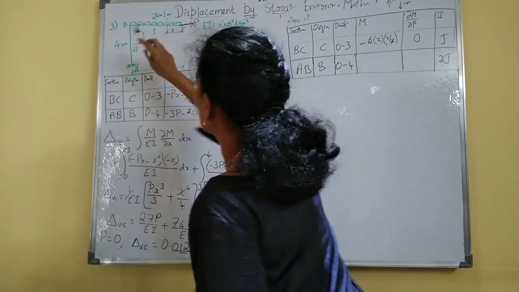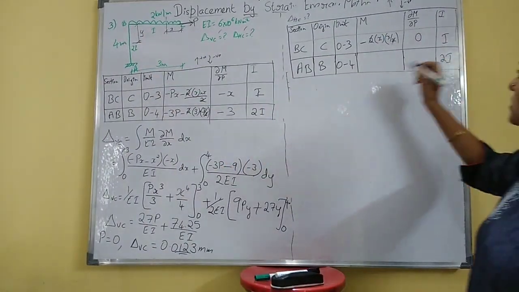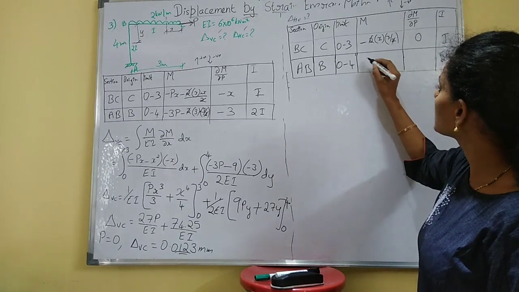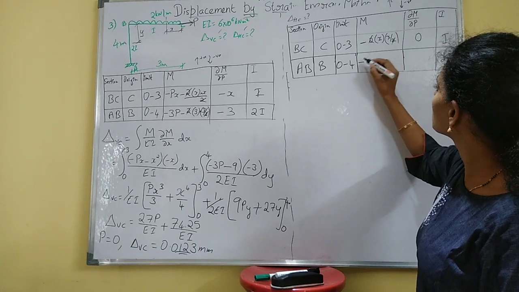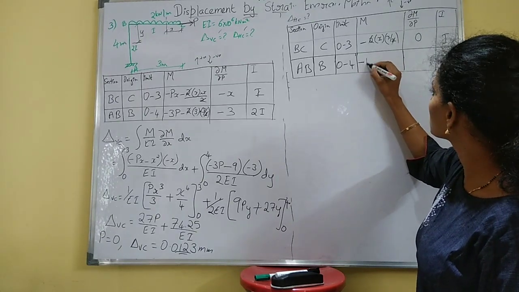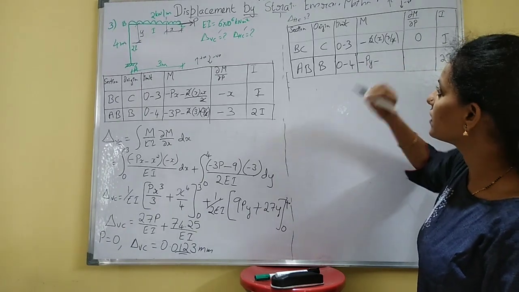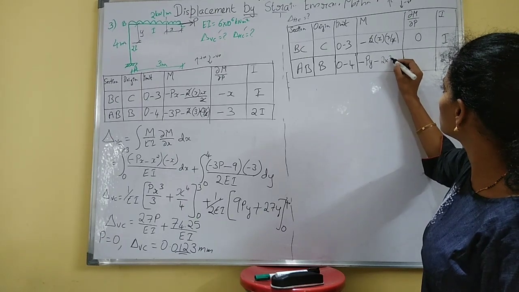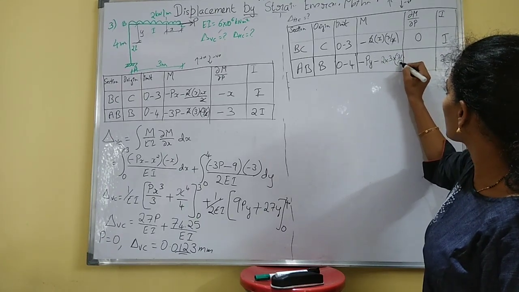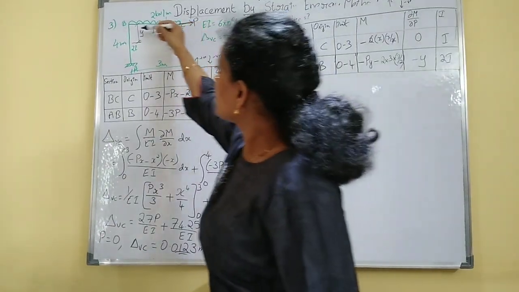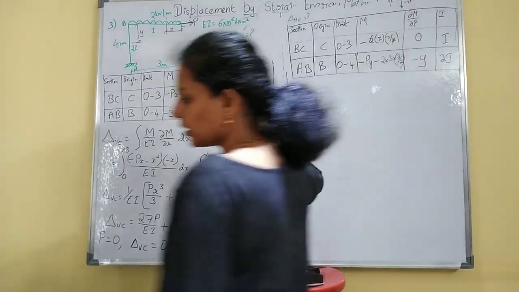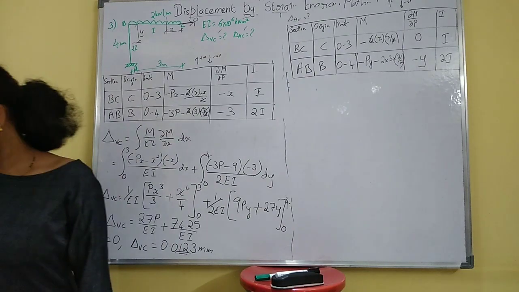Next, according to this y, you have minus P into y, and you have 2 into 3 by 2. So this will be minus y. This is minus P into this distance y for that member.